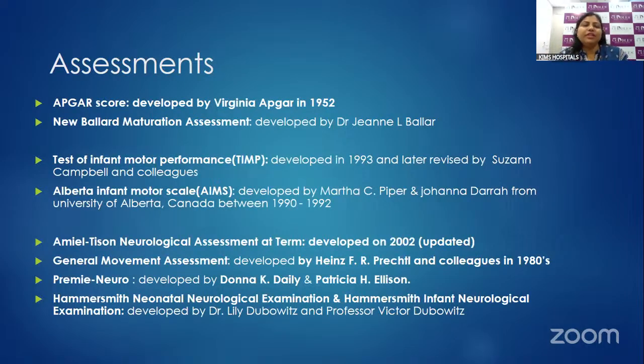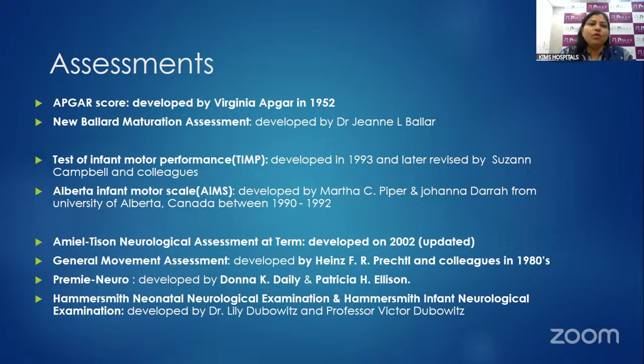So let's start with the basic assessment, which we all know, the Apgar score, which was developed by Dr. Virginia Apgar in 1952, and the New Ballard maturation assessment, which was developed by Dr. Jeanne Ballard. The Apgar score will tell you more about the state of the child when the child is born, what the child is able to do at that time.